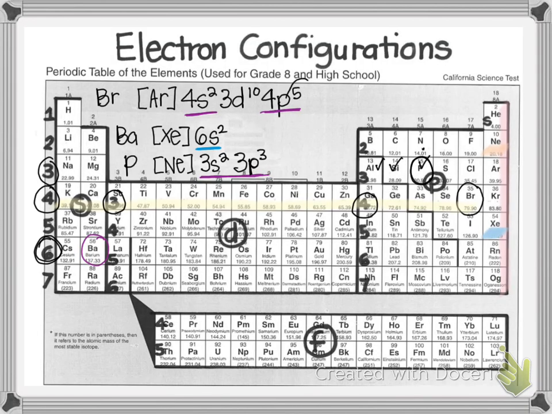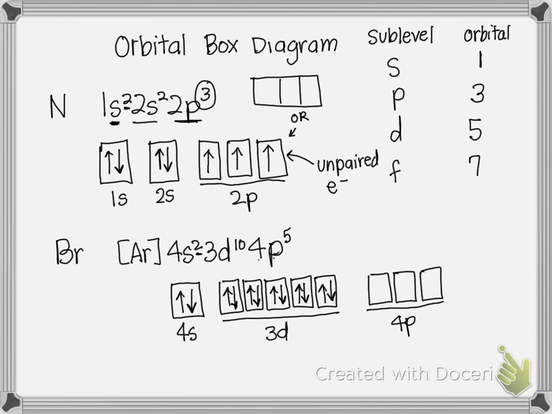See, it only has 5 right there. 6 would be completely full. Okay, so 4p5, so I need 5 electrons, so it'd go 1, 2, 3, 4, 5. So this only has 1 unpaired electron, and all the rest of them are paired.